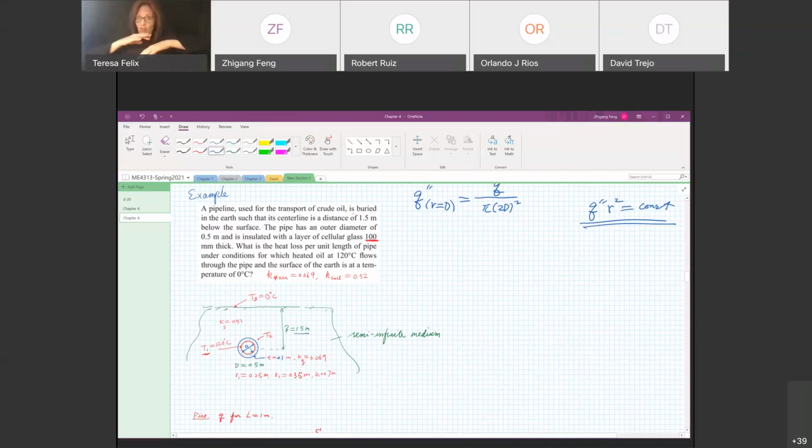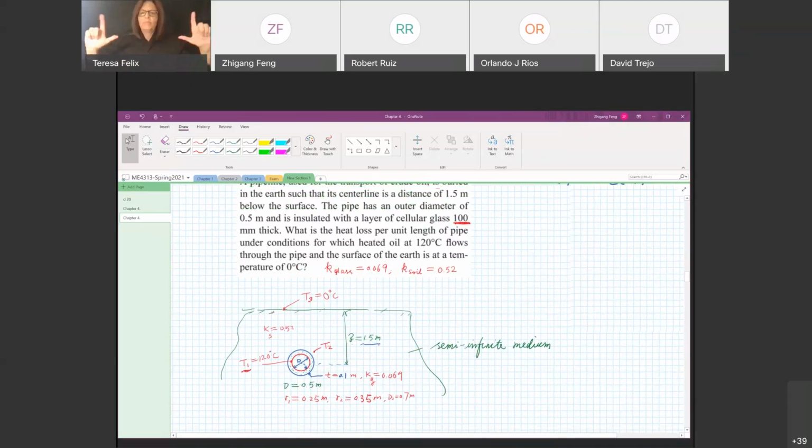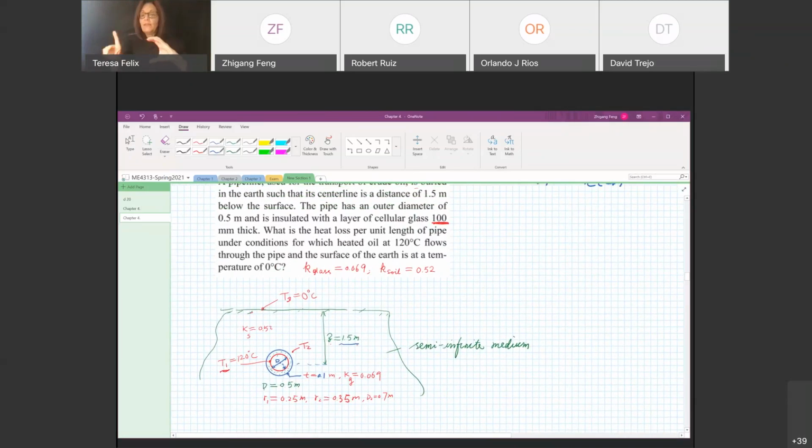The pipe has an outer diameter of 0.5 meter. Let me enlarge the picture. The diameter of the pipeline is 0.5 meter. And there is an insulation layer of 100 millimeter thick. So the insulation layer is 0.1 meter thick.